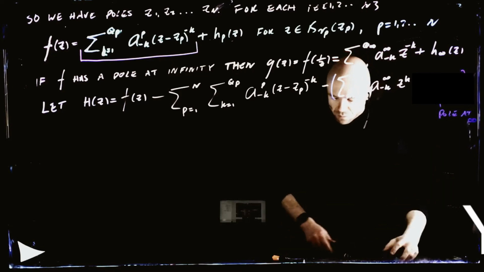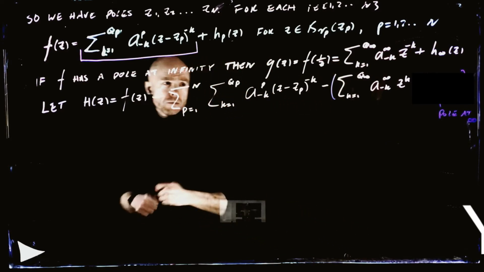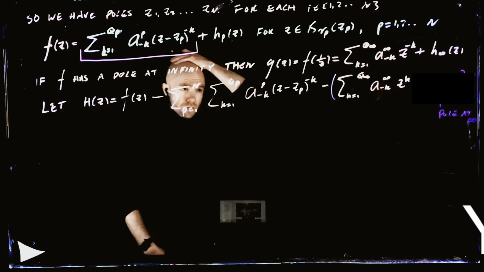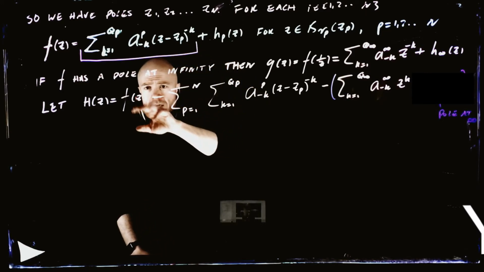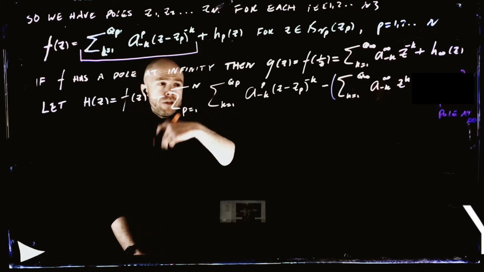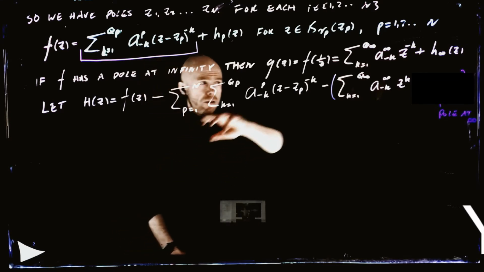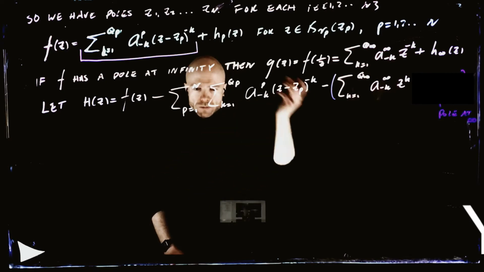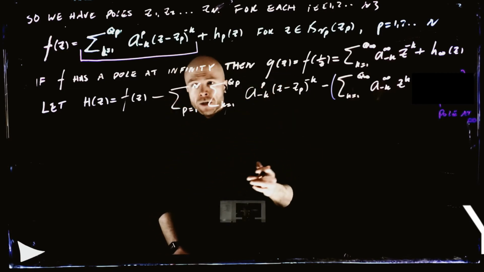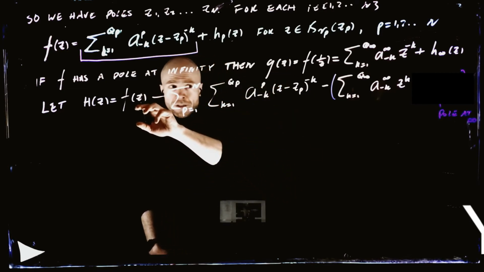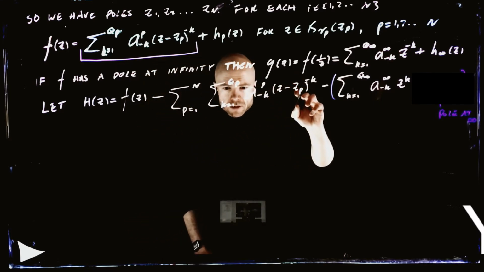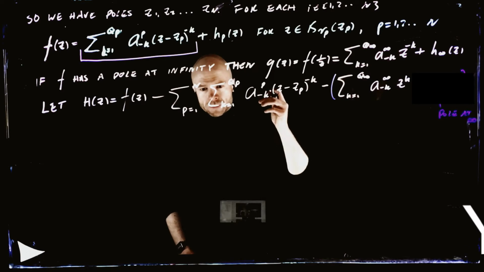All right, let's look at the expression here. So what nice properties will h have? Well, the only singularities h will have will either be singularities of this thing or singularities of f, right? Because we're just adding together these expressions. Well, all the singularities of f occur at the z_p, which is where the singularities of this thing occur, and we actually strip away the singularity, right?